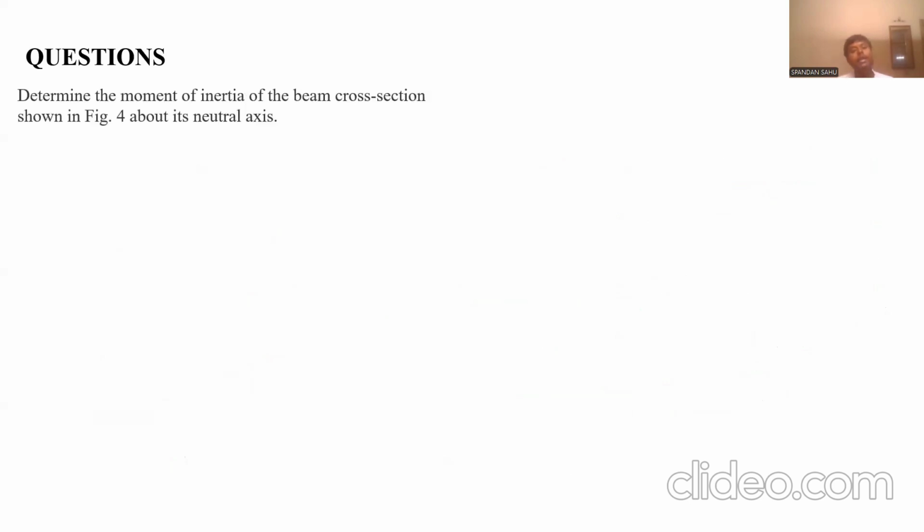So now they are asking: determine the moment of inertia for the beam cross section as shown above about its neutral axis. So how to do this?